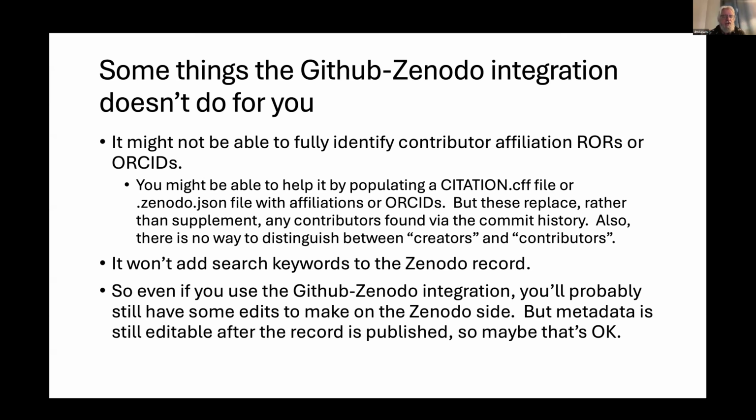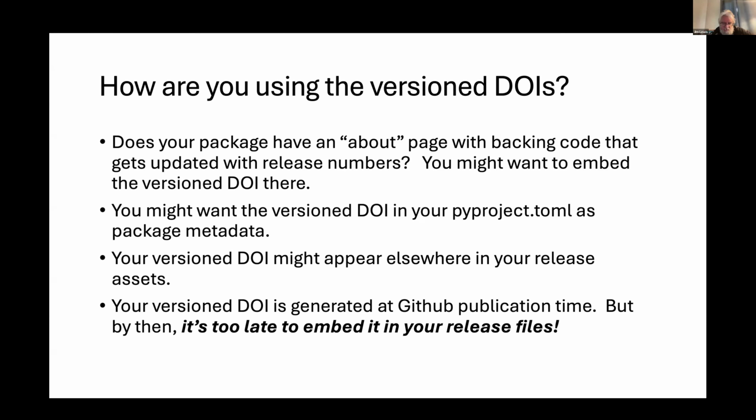But you also have to think about how you're going to use the versioned DOIs that you're creating. Those are specific to that release of your software. So if your package has an about page or a version option, that is a place where you would naturally want to put your versioned DOI.